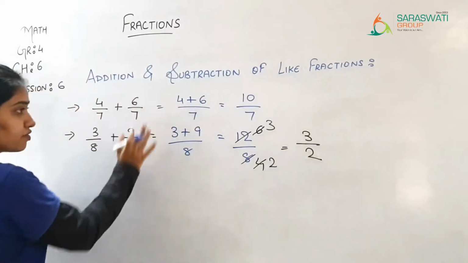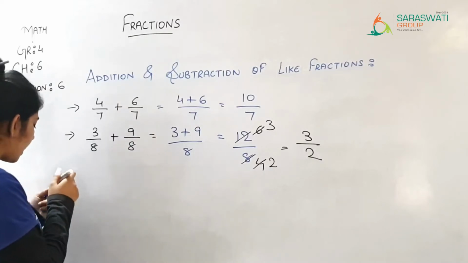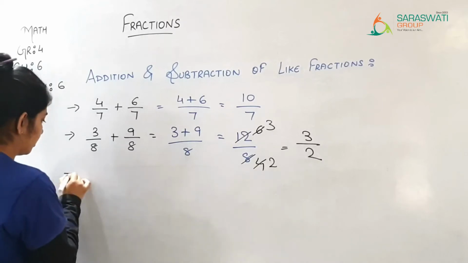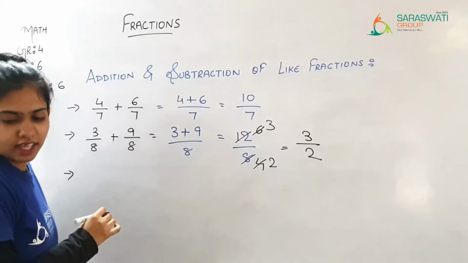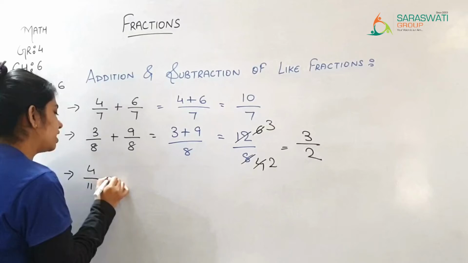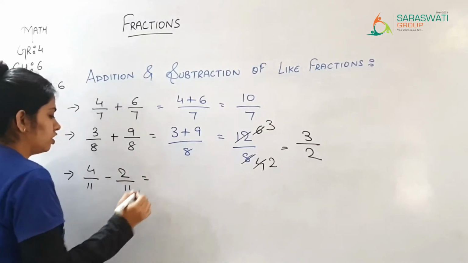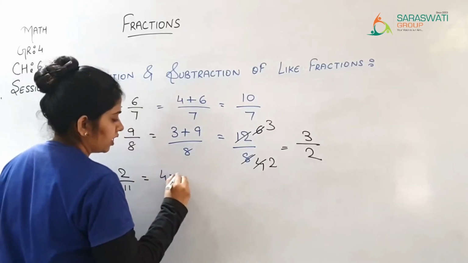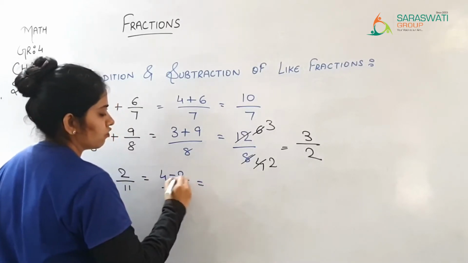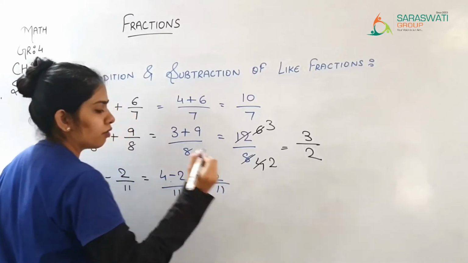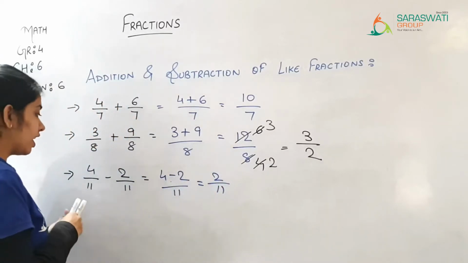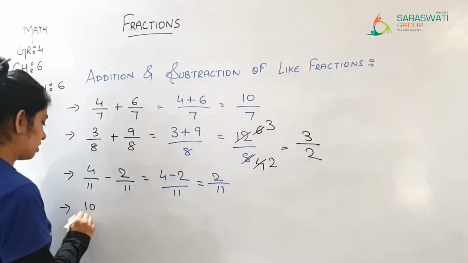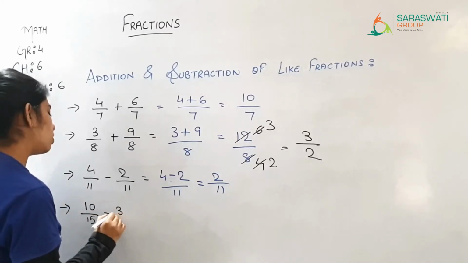Now we have seen 2 examples of addition, now let's see another 2 examples of subtraction. 4/11 minus 2/11. So 4 minus 2, first write it as 4 minus 2 upon 11. So 4 minus 2 is 2, 2 upon 11. Then afterwards the next is 10 upon 15 minus 3 upon 15.